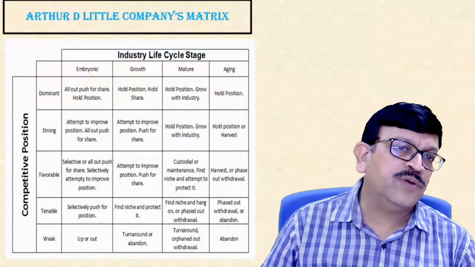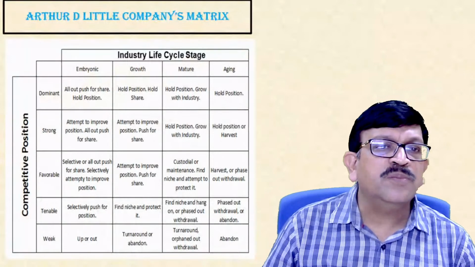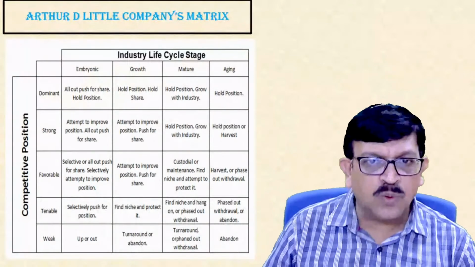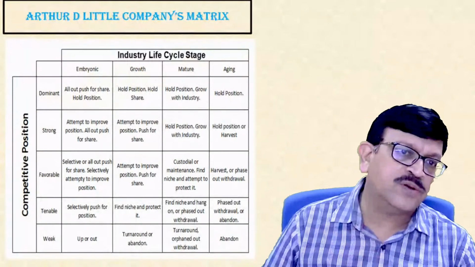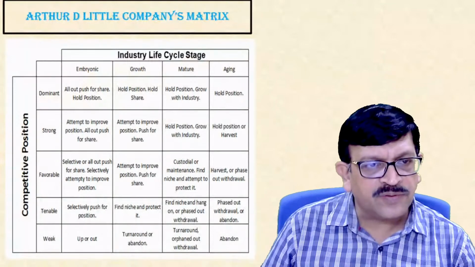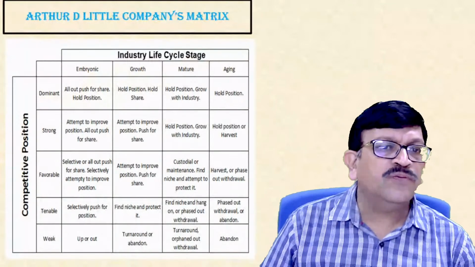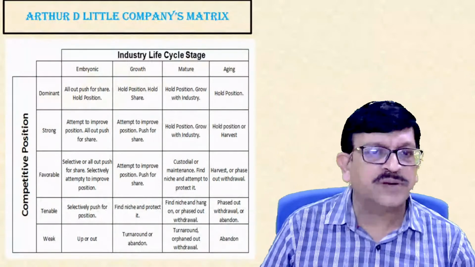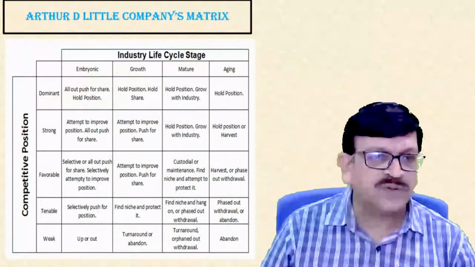If your competitive position is dominant, we can see here all are push for share and hold position. So hold is the most common thing if you are in a dominant position in terms of your competitive capability. If you are strong, then you also improve your position to maximize the return from the marketplace at different stages.